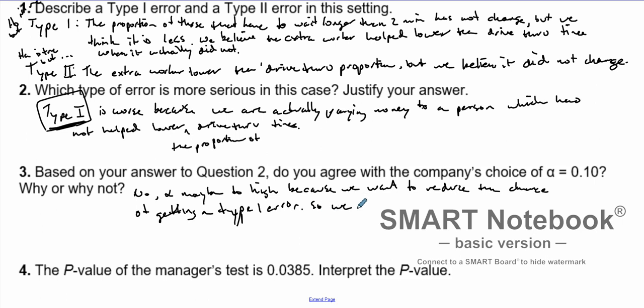So we may suggest an alpha of 0.05 or maybe even 0.01, depending on what we want to have. Because if we're going to pay somebody, we want to make sure that we actually are getting our money's worth. That's what we want to do there.